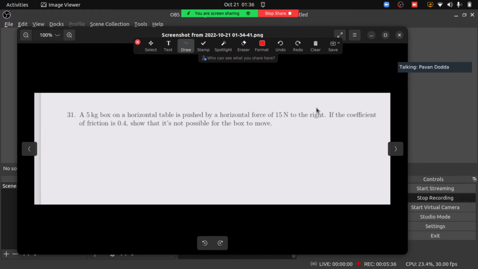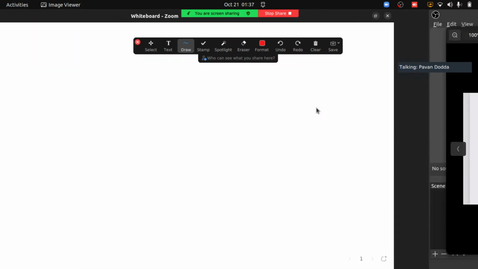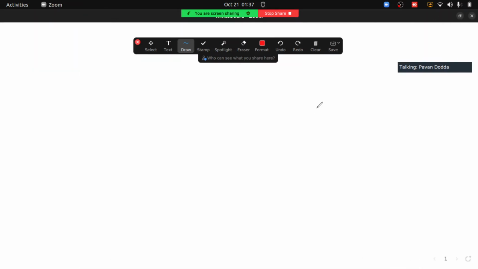Question number 31 says that a 5 kg box on a horizontal table is pushed by a horizontal force of 50 Newton to the right, and if the coefficient of friction is 0.4, show that it's not possible for the box to move, right? So, Monet, tell me what's the mass of the block? 5 kilograms.